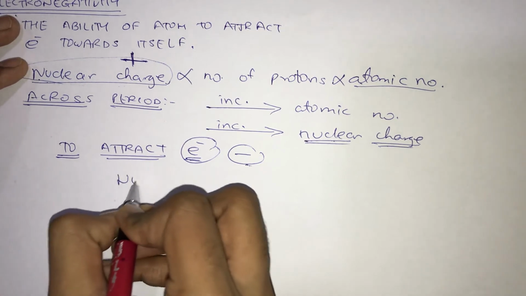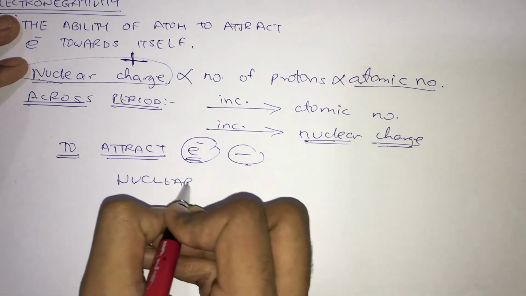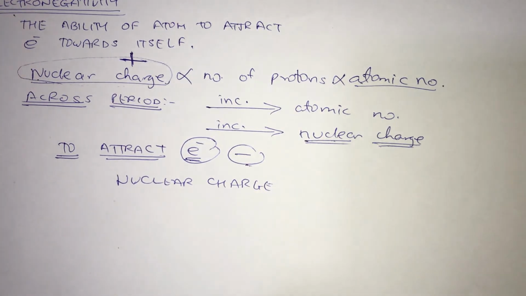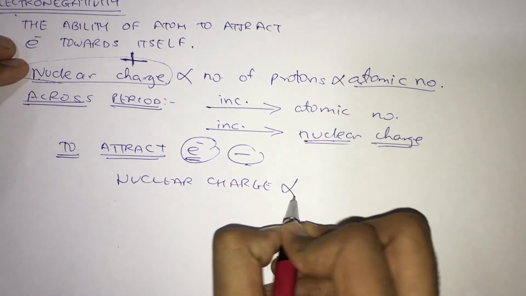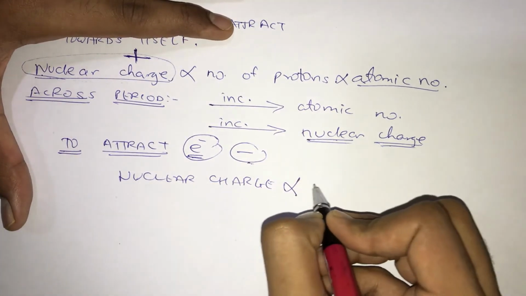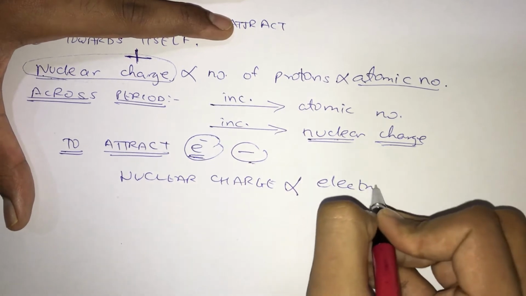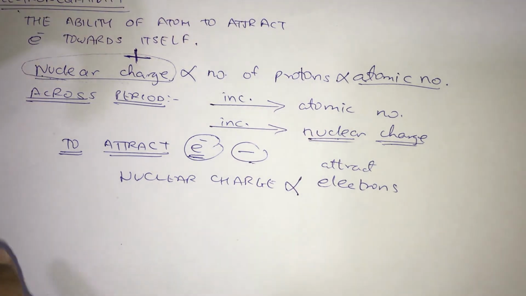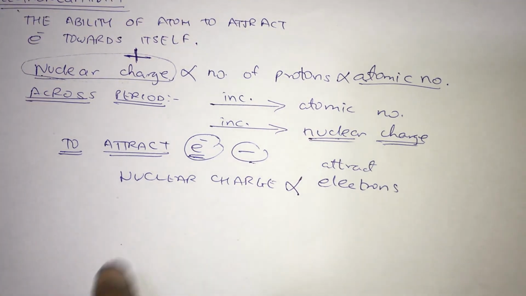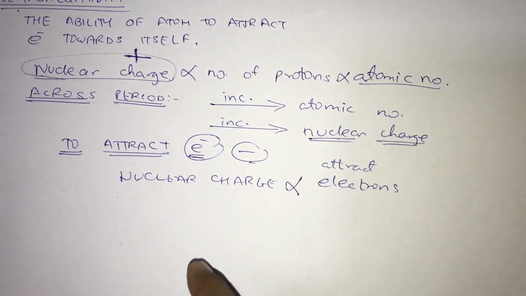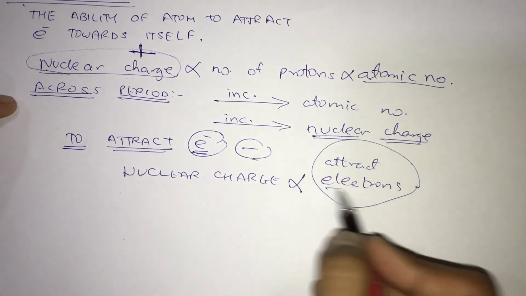So can I say that the greater the nuclear charge, which means the positive charge is greater, and if the positive charge is greater, then it will highly attract the negative charge. And what is our negatively charged particle? The electrons. So if the nuclear charge is greater, the positive charge is greater, which means it can easily attract a negatively charged particle, our electron.